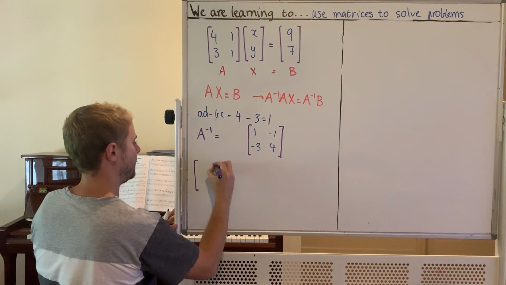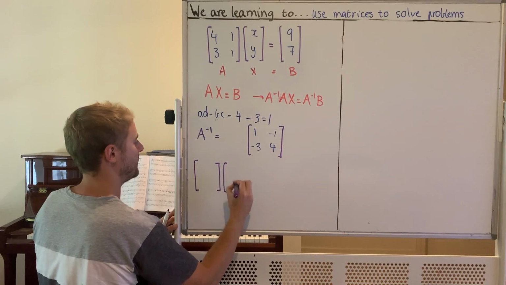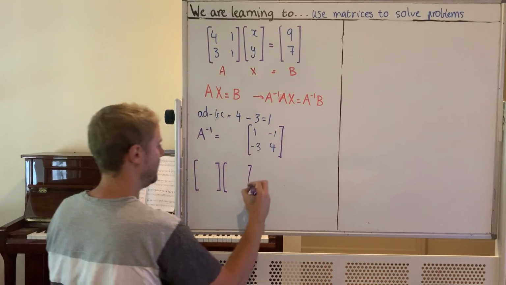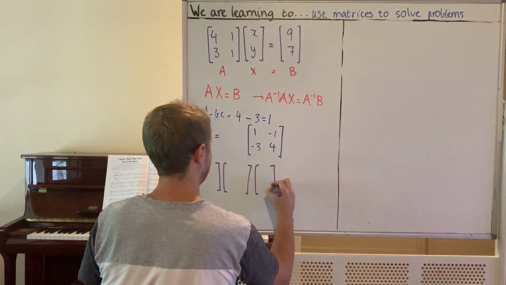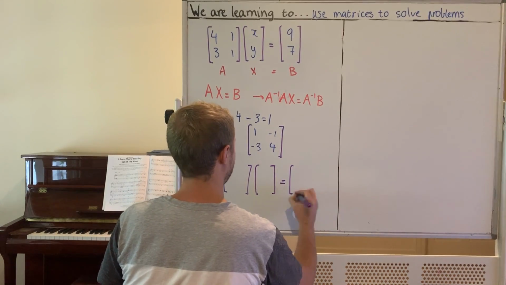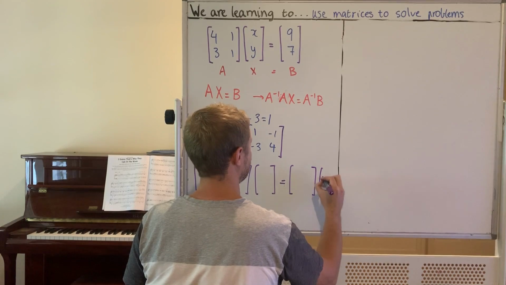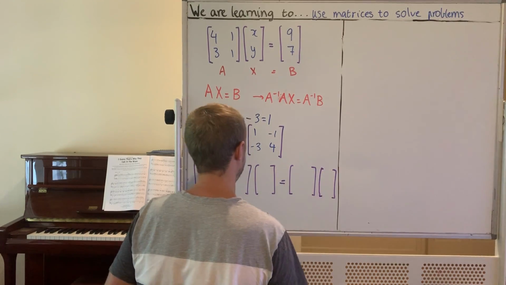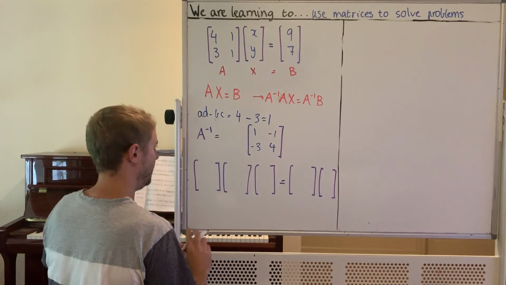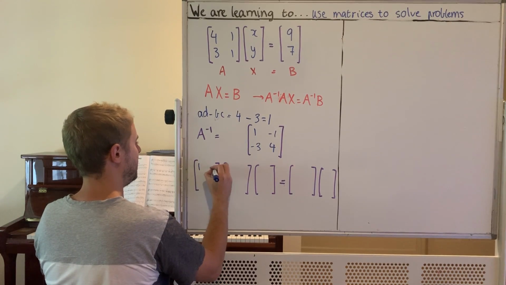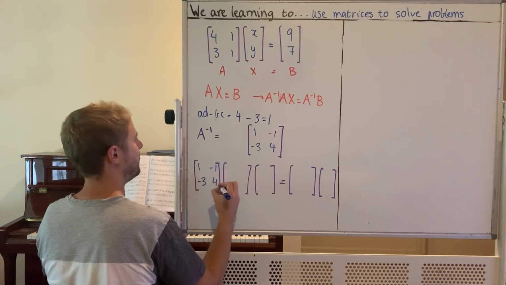If I was to write that out in full, it would look like this. Inverse of A multiplied by A multiplied by X equals inverse of A multiplied by B. So the inverse of A is 1, -1, -3, 4.